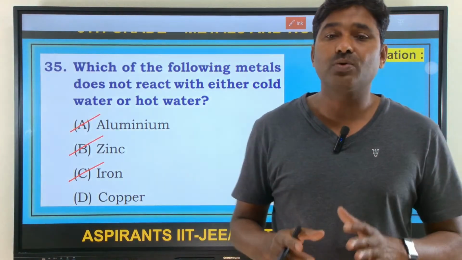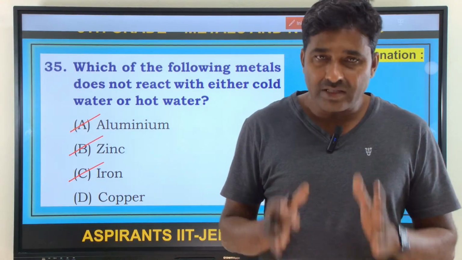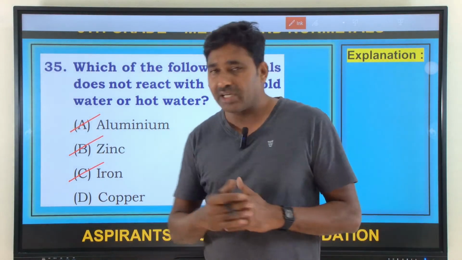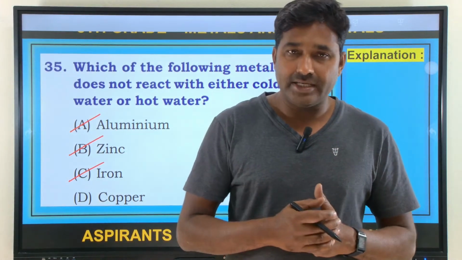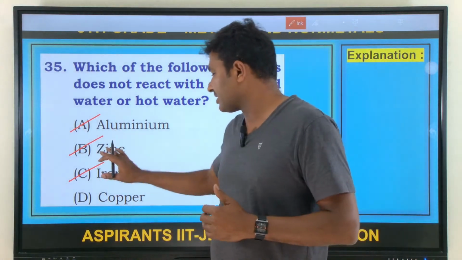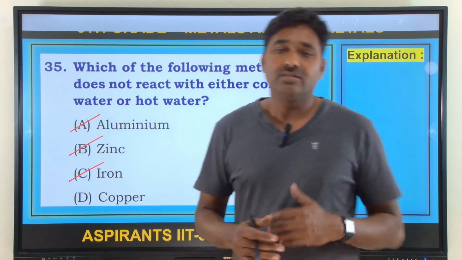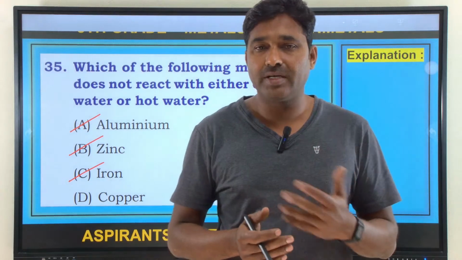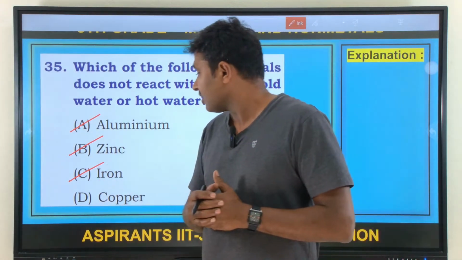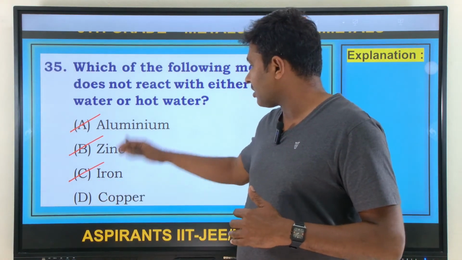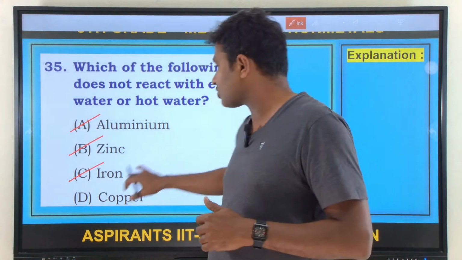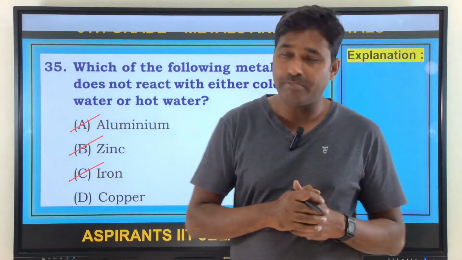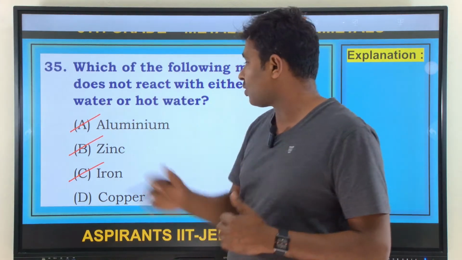They react only with steam. When they are exposed to steam, they react with water and produce metal oxides: aluminium oxide, zinc oxide, iron oxide, like that. They form oxides of their metals. Copper does not react with either hot water or cold water. These three elements show a reaction with steam, but not with hot water and cold water.